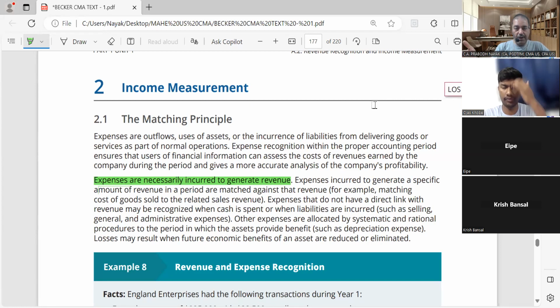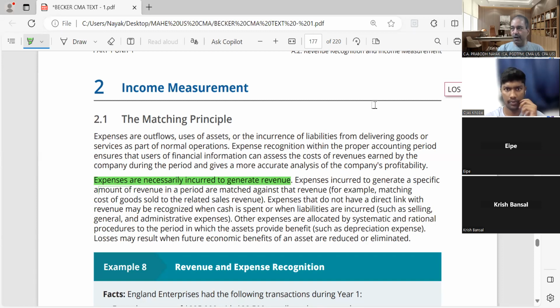So the revenue that is generated is related to the cost. And then you can say that this revenue is coming from this cost, and the difference is the profit. Other expenses are allocated by systematic and rational procedures to the period in which the assets provide benefit, such as depreciation expense. Even the overhead expenses, as you must have learned in MA now, are allocated over different departments.